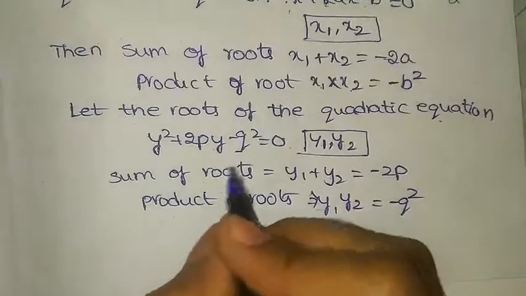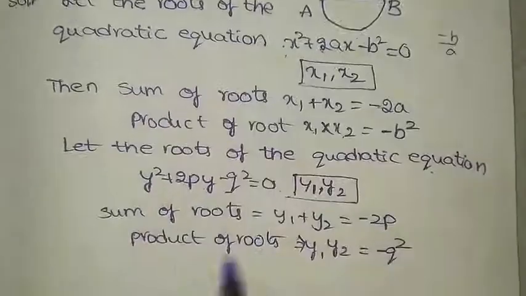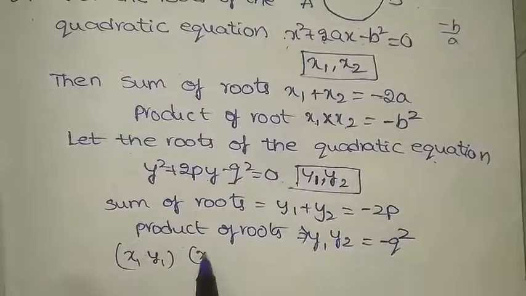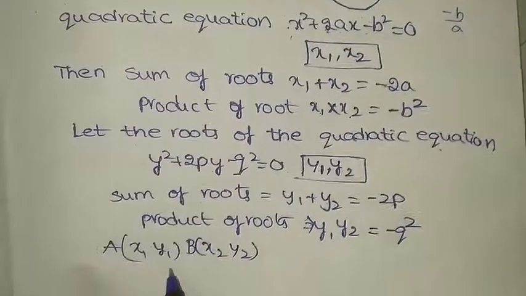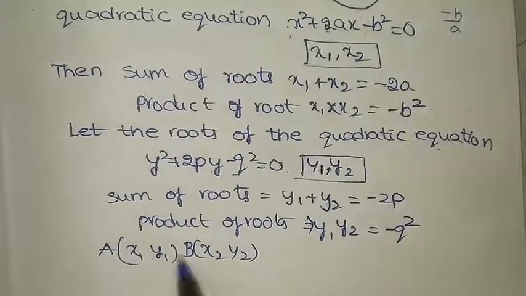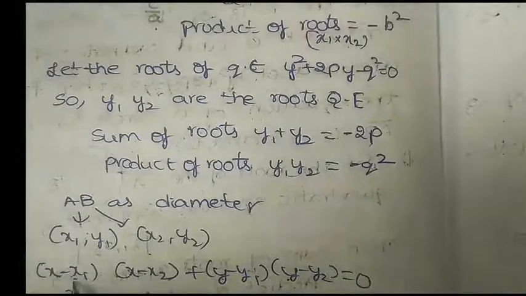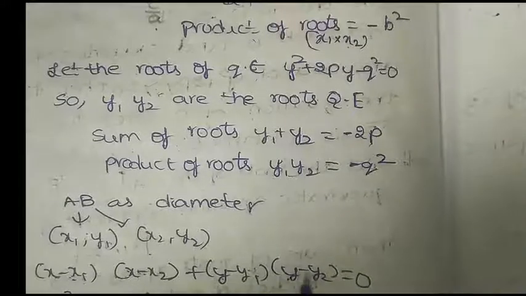They given that AB is a diameter. So let us assume that x1 y1 and x2 y2 are the points A and B. We have to find the equation of the circle with these 2 points, because they are the endpoints of the diameter. So we know the diameter formula is x minus x1 into x minus x2 plus y minus y1 into y minus y2 is equal to 0.